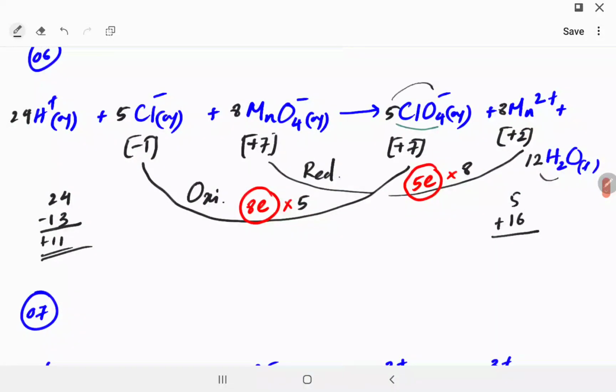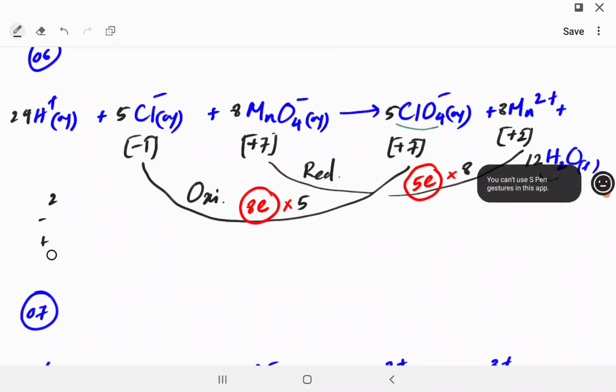So overall that is also plus 11. All right, so this is a very complex equation. We balanced it using the technique that we just learned, and we also confirmed the accuracy by calculating the charge on both reactant and product sides.